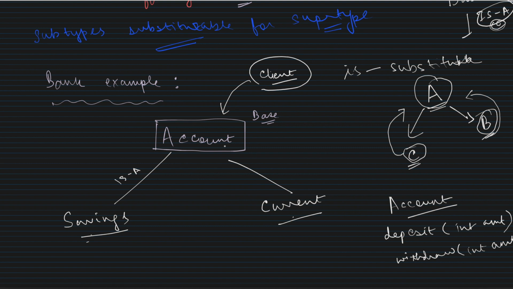So the expectation of the client is whatever functionality is defined in this account class, whoever is extending the account should be able to deliver the same functionality. So for savings account, we wrote the class for this, we overrode this method. So whenever deposit happens, we are updating the core logic behind that, and withdrawal is working fine. So far, so good. My withdrawal and deposit work fine. The functionality looks good whenever I am switching between savings and current account.